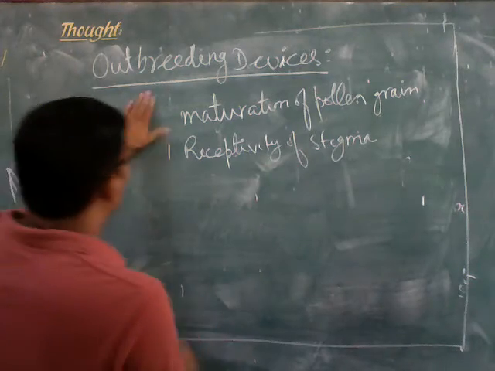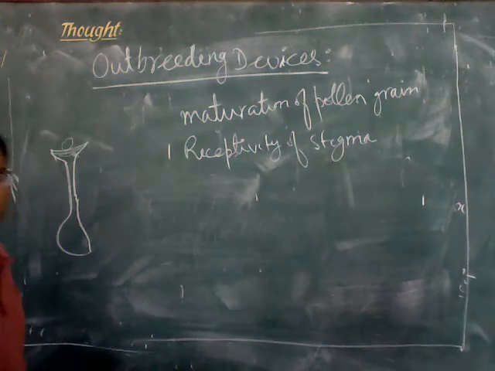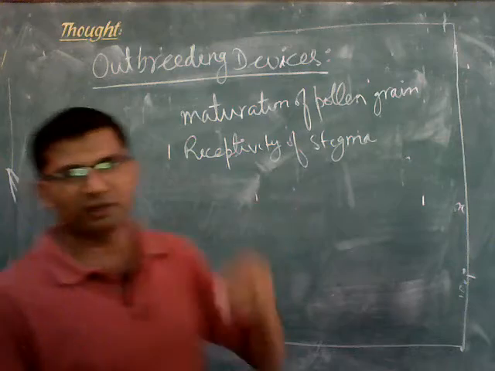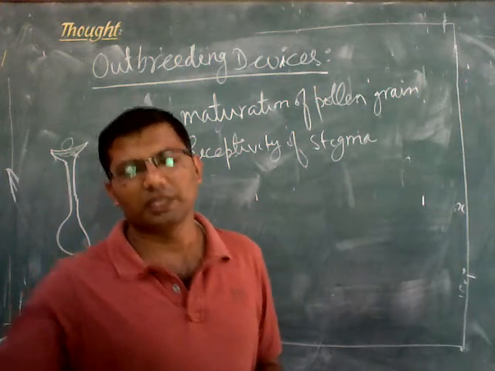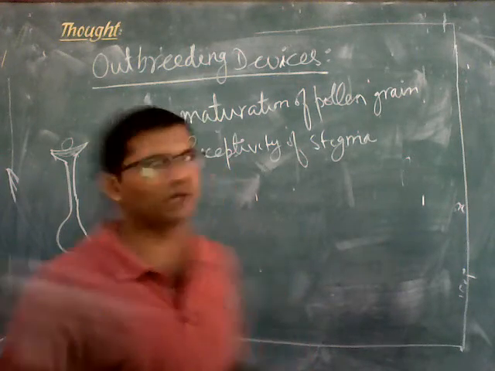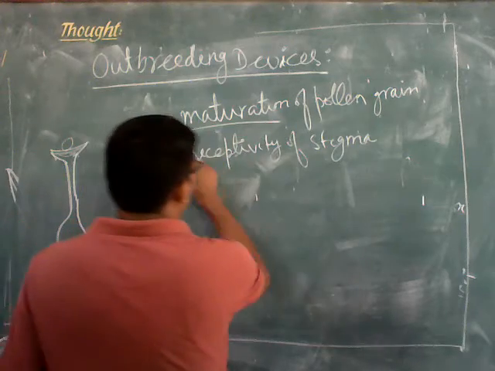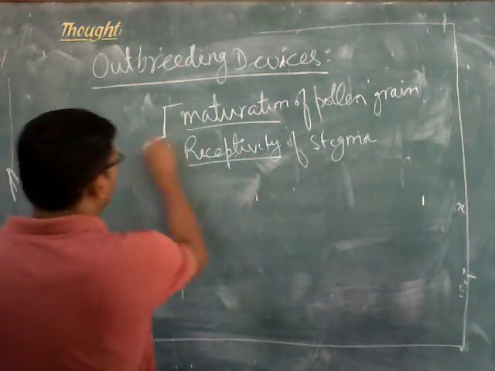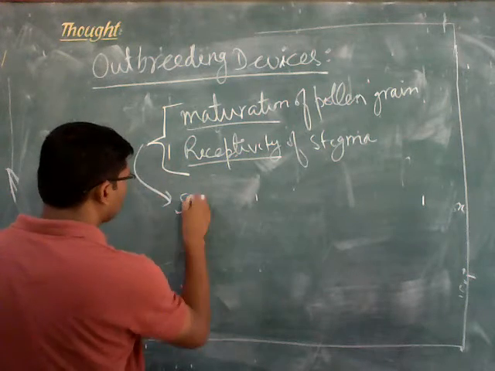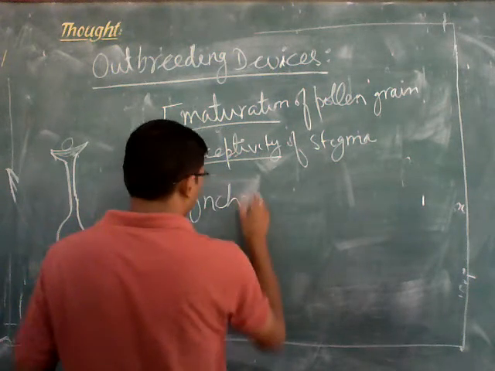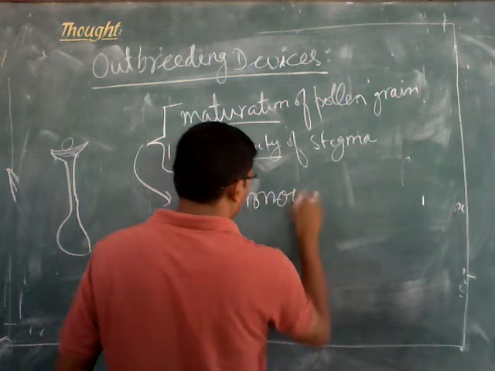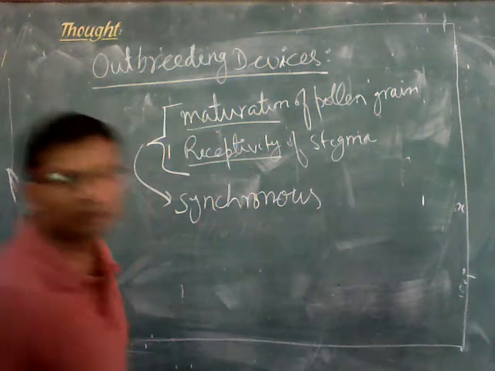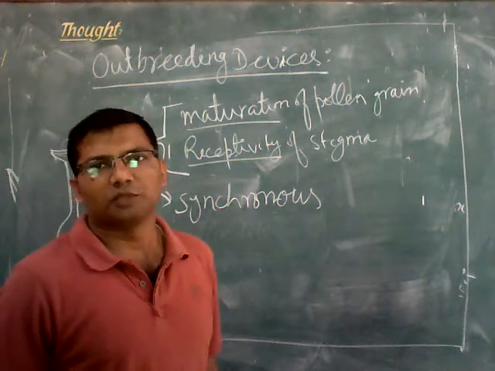So what is needed? When there is a transfer coming either from a different flower or from the same flower, this maturation and this receptivity should both be synchronous. What does it mean?